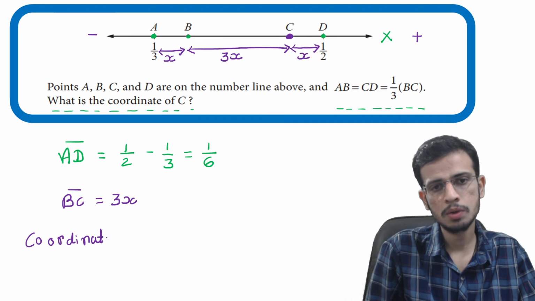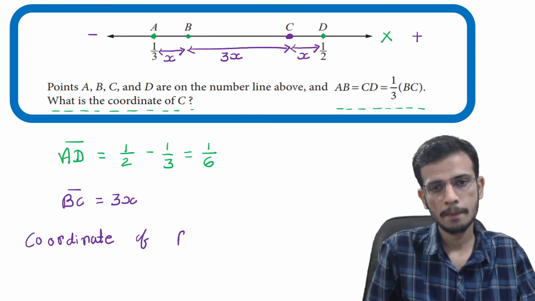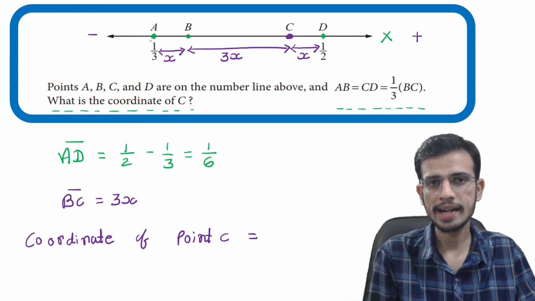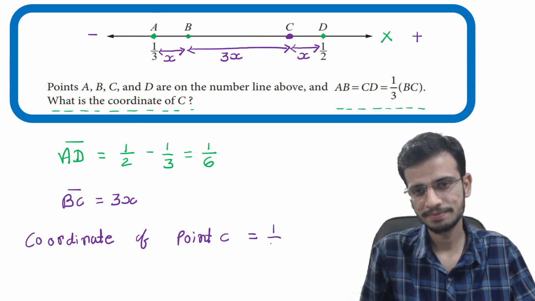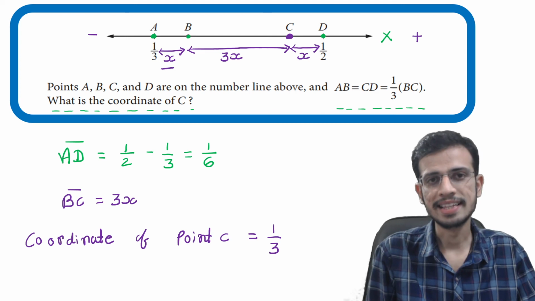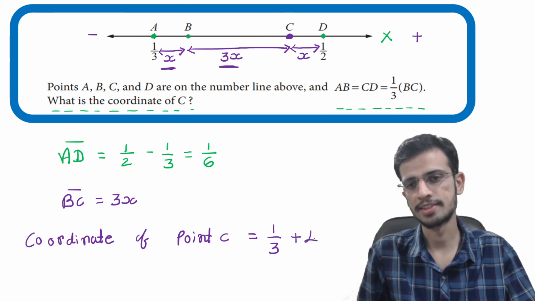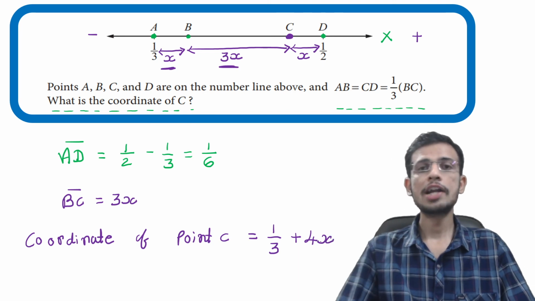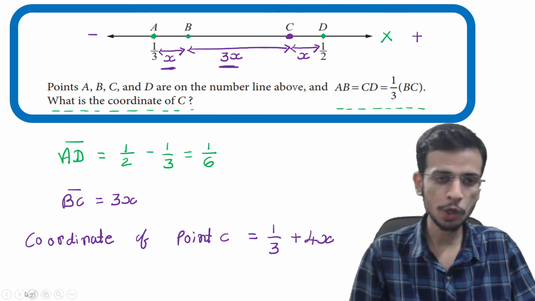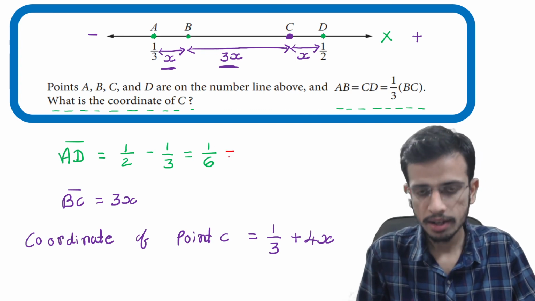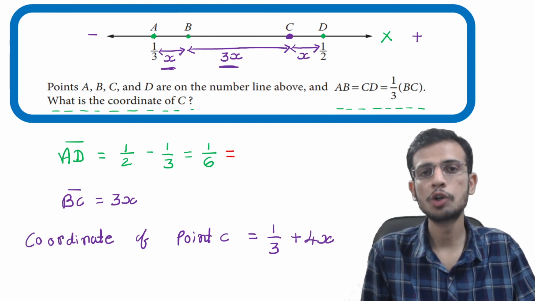It will be equal to the coordinate of point A, that is 1 by 3, plus this length x plus 3x, that is 4x, right? So 1 by 3 plus 4x will be your answer. But we don't know the value of x. We know the length of the AD portion, it is 1 by 6, and we know the length of the AD portion in terms of x.